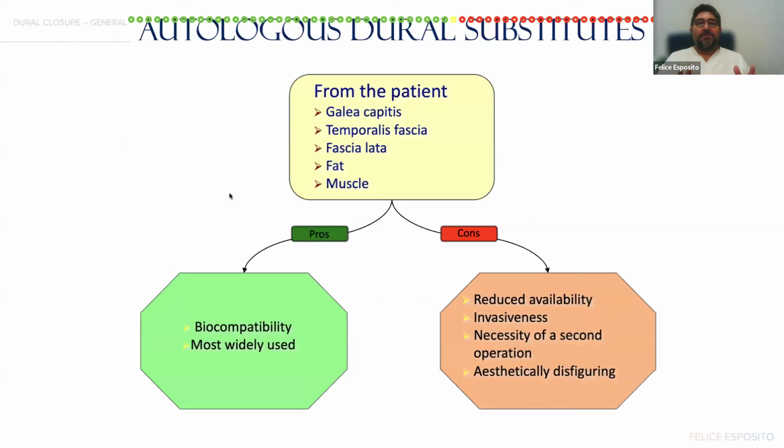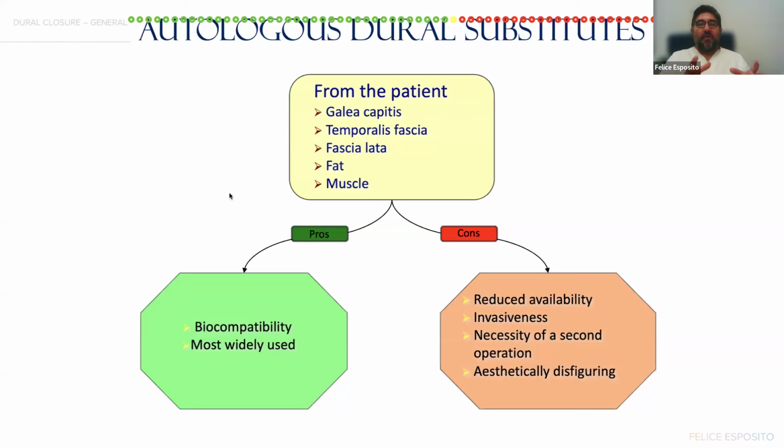We may use autologous tissues from the patient, and we currently use the galea capitis, the fascia from the temporalis muscle, the fascia lata, fat, and so on.